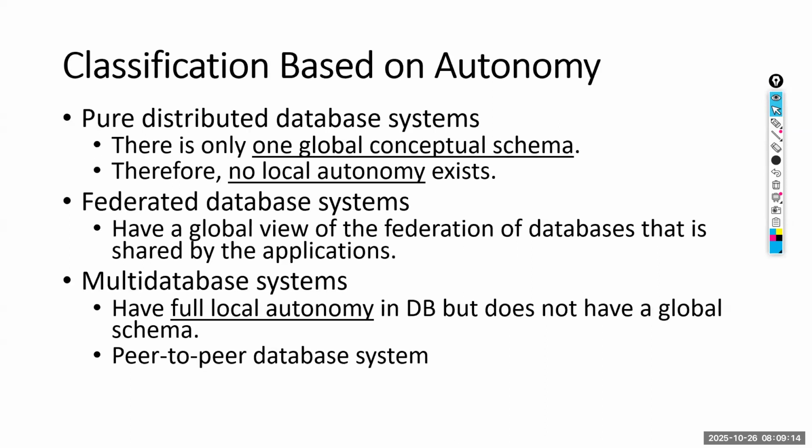In a pure distributed database, there's no local autonomy. So the whole database is considered as one global schema. Local sites cannot modify it, and they cannot see it in a different way. Multi-database means you have full local autonomy. Each site has its own autonomy, but it doesn't have a global schema. Sorry for that. So each site has full local autonomy, but there's no global schema.